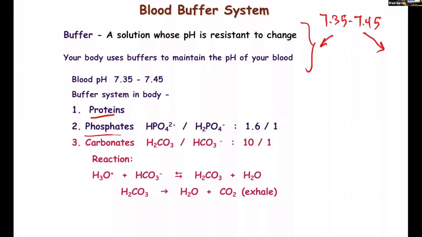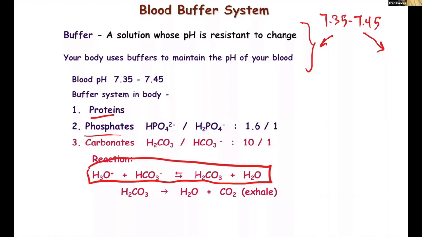And the reason why they're great buffer systems is because you've got two chemicals here, bicarbonate and carbonic acid, which will react with hydronium or hydroxide to remove that. And the reason why we need to remove hydronium or hydroxide, okay, is because your pH is directly influenced by the concentration of hydronium.